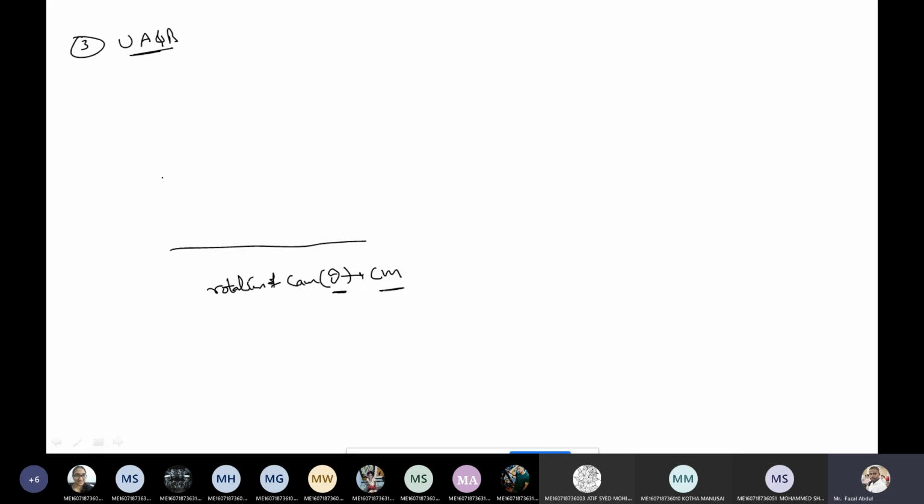And the lift or stroke length given in the question, you need to draw on the vertical. Stroke length, that will be the vertical line.